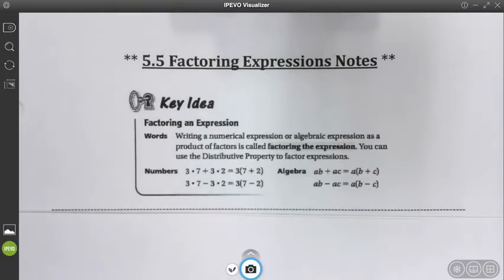This is section 5.5. I want you to think of factoring as the opposite of the distributive property. It's reverse distributive property.